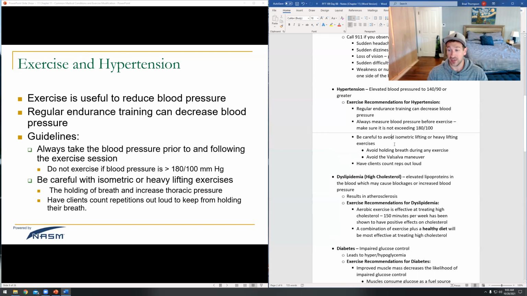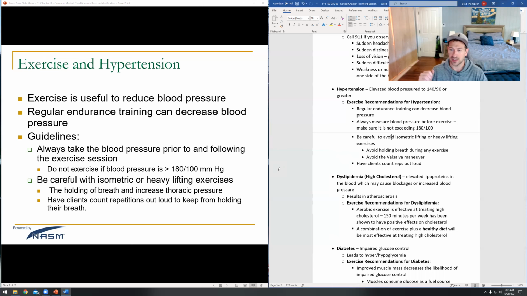Be careful to avoid any isometrics. One of the problems with blood pressure is that, because of these areas of high pressure and areas of low pressure, there are going to be areas where blood's going to want to pool. And so we don't want it to do that, which is one of the reasons why we don't want to over grip.